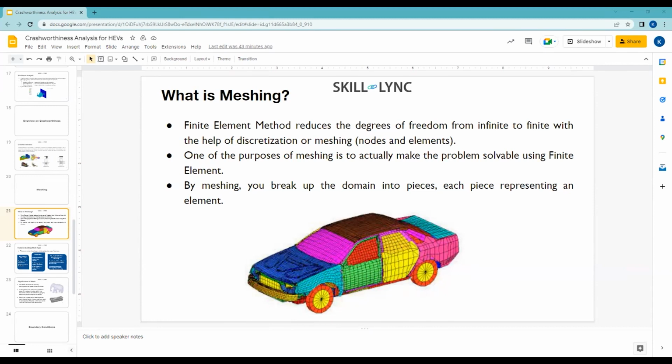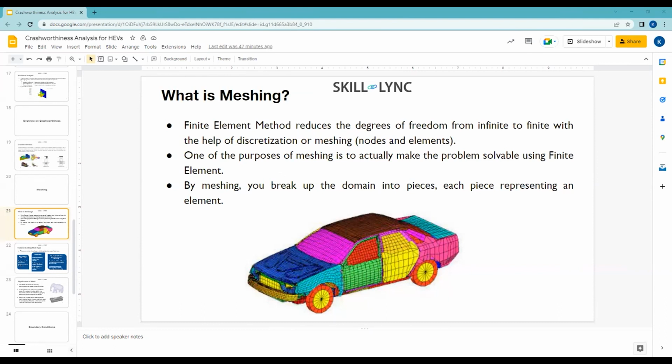Now going ahead, as I said, we call it a 1D beam because of length. With respect to degrees of freedom, going back over here, in a 1D beam you have only 1 degree of freedom.